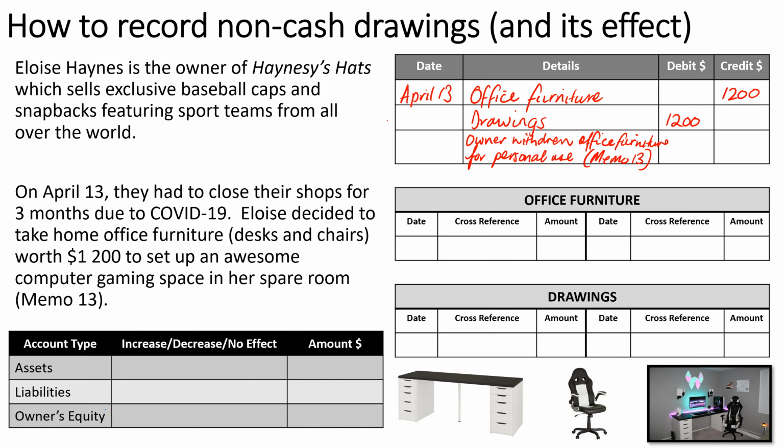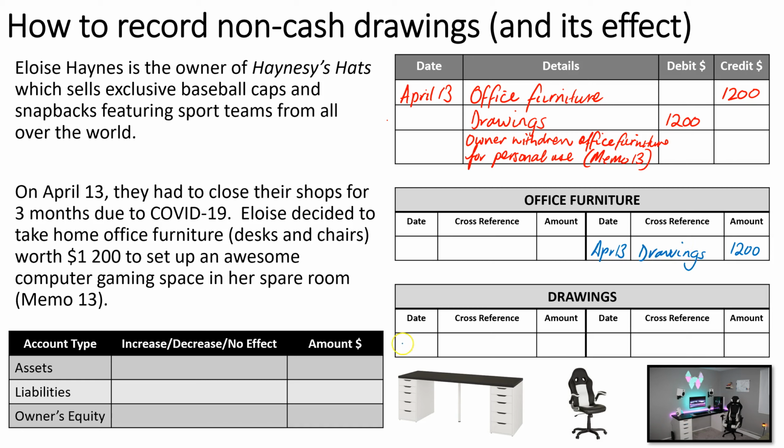Now if we have a look at our general ledger, we need to transfer this information over into those ledger accounts. So in the office furniture account on April 13, there would be a transaction where we would credit it $1,200, and that cross-reference would be to the drawings account.